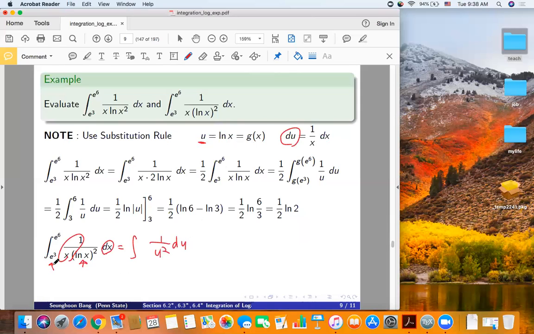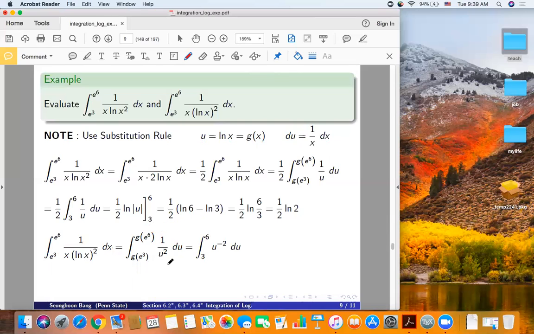Same, you plug e cube into g, and g of e cube is the same. g of e to the 6 is also the same. ln of e cube cancels to 3, and ln of e to the 6 cancels to 6.